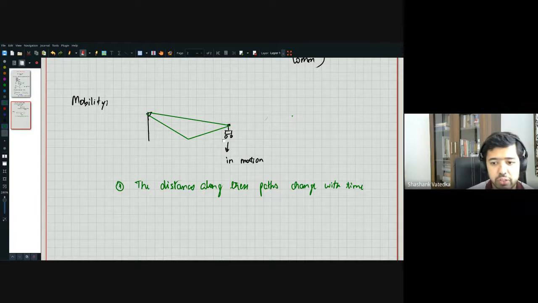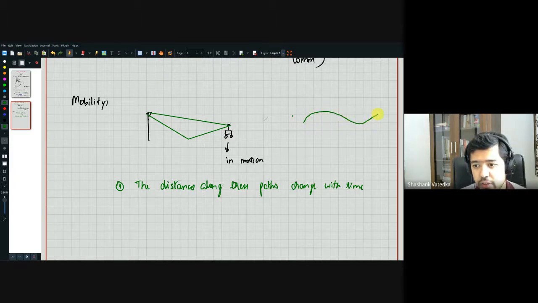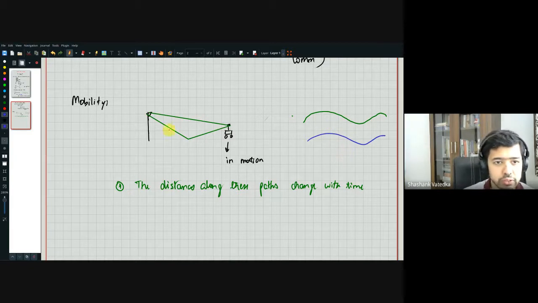In particular, when you're moving, depending on the distance along these paths, these two signals could either add constructively or add destructively. If you have the following situation, that at the receiver, this is along the direct component, whereas this is what is received along the reflected component, then these signals add up, leading to constructive interference.